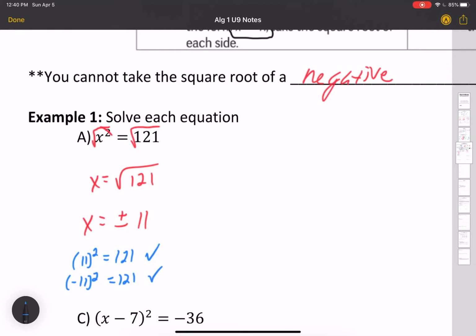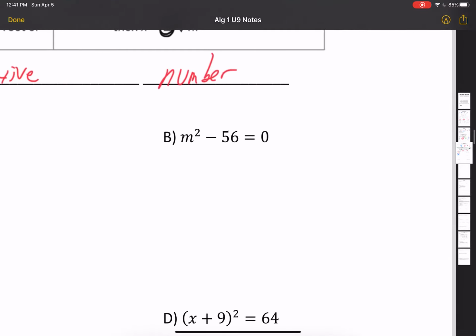Because a negative number being squared, negative times a negative is going to be a positive. Okay, so we need the plus or minus. That part's going to be key. If you leave off the plus or minus, you're going to get a point taken off because you don't have both solutions accounted for.